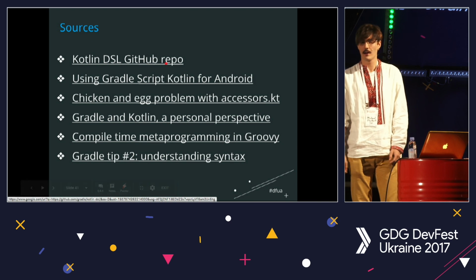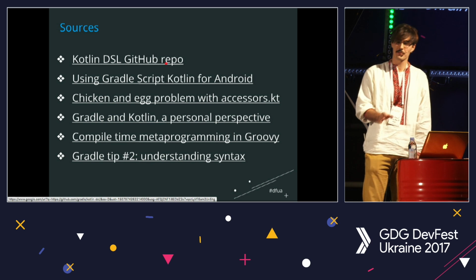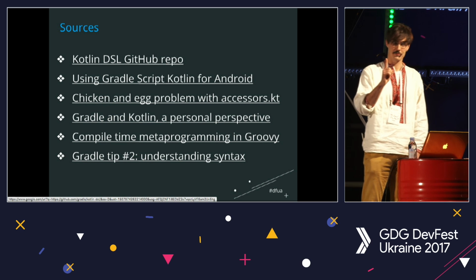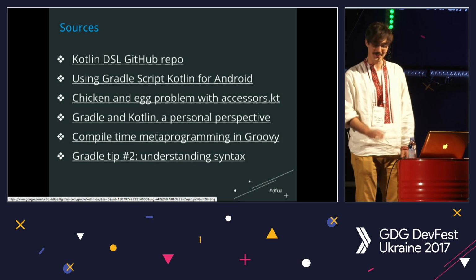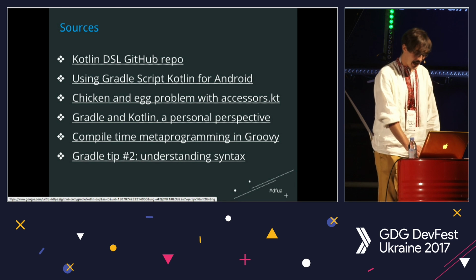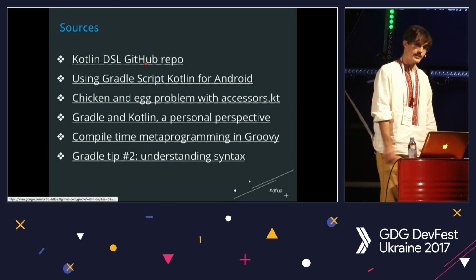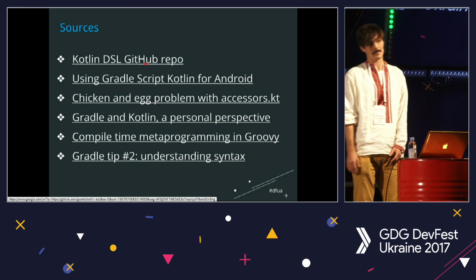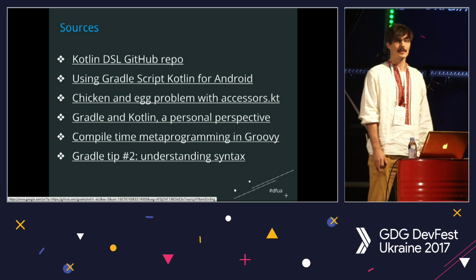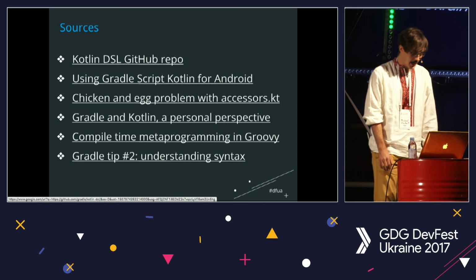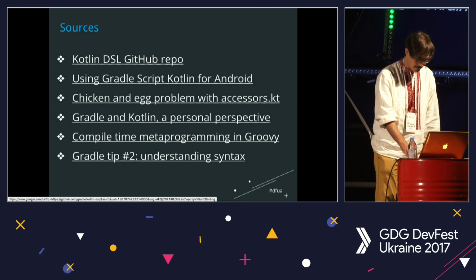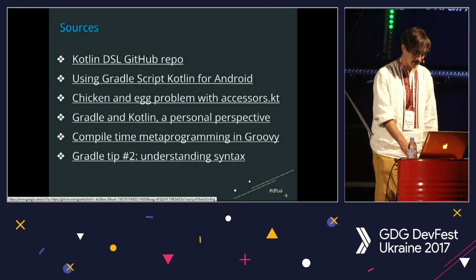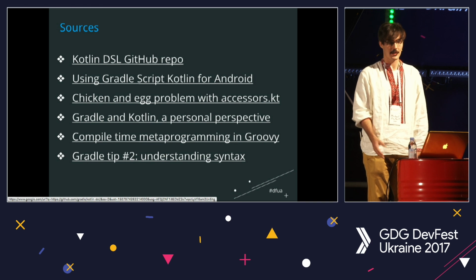They have documentation. You can find documentation in the release notes of Kotlin DSL, not in the wiki or README. And also there are a lot of samples of Gradle projects with Kotlin DSL. Yeah. There is also an Android sample.